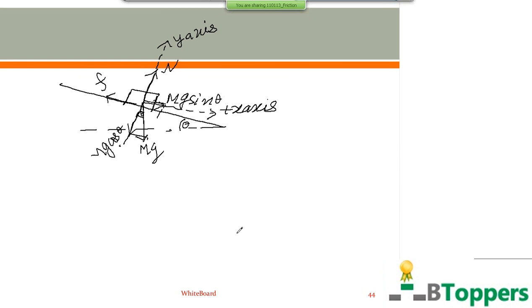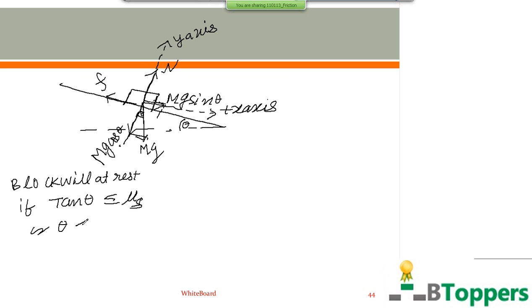So, as I discussed, the block will be at rest on the inclined plane under the action of weight mg, normal reaction and static friction, if tan theta is less than or equal to us, or you can say theta is less than or equal to tan inverse us.